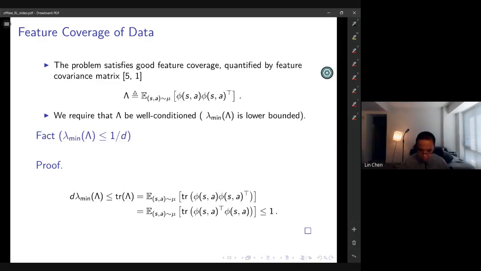It is the expectation of phi phi transpose, where S and A pairs are sampled from the distribution mu, and we require that this lambda matrix is well conditioned. In other words, the smallest eigenvalue of lambda is lower bounded. I see a question somewhere.